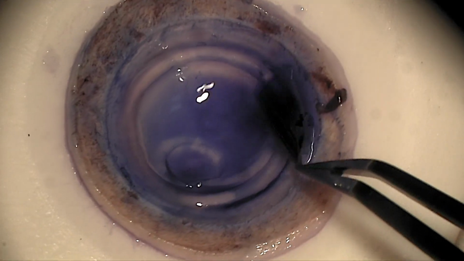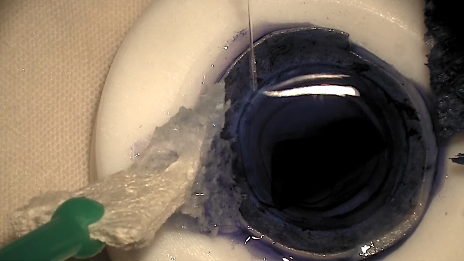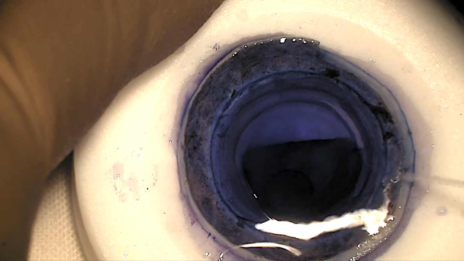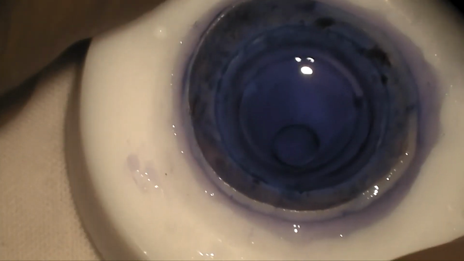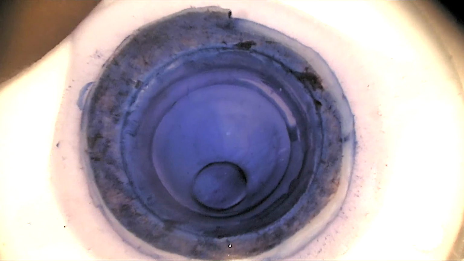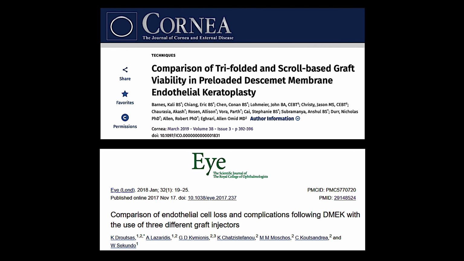Conventionally, in DMEK surgery, corneal surgeons use centrally trephinated donor tissue, which may be called DMEK CD. In any endothelial keratoplasty, there is a constant effort by the surgeons to give more endothelial cells.